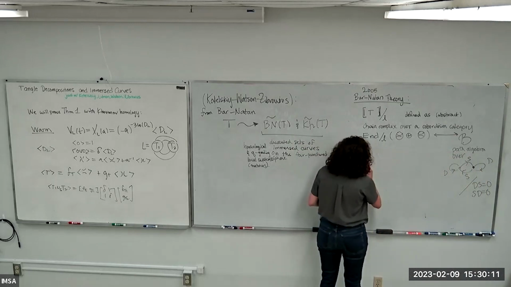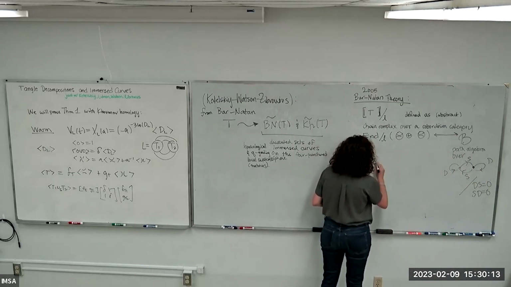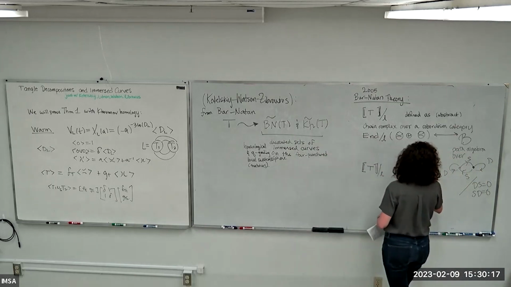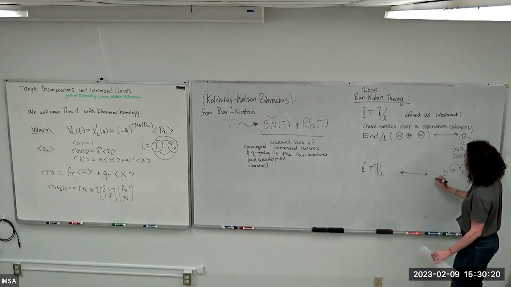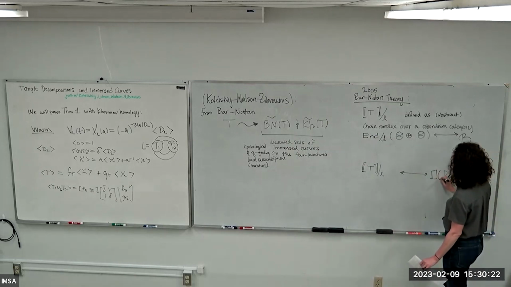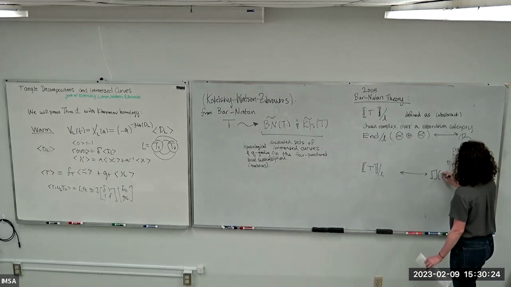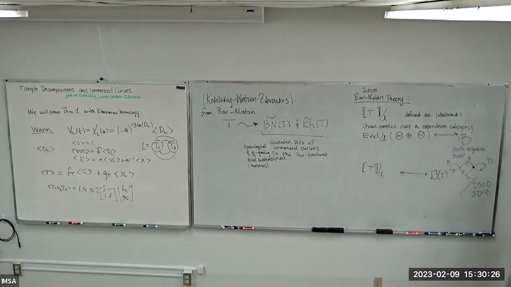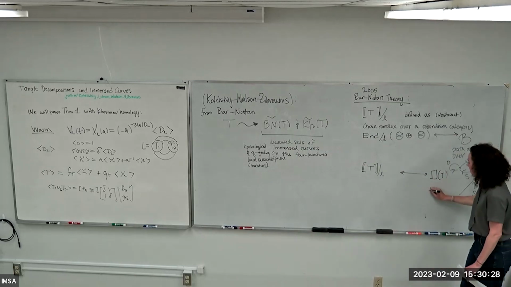And so a chain complex here, T, this Bar-Natan tangle invariant, corresponds over here with an invariant called DT, that is like a type D structure.